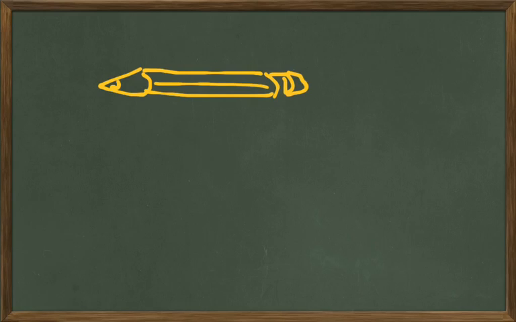We'll just do that in red. 10 cents for that pencil. How much will 4 pencils cost? So if we buy 4 of these, how much will that cost? Well, 10 times 4 is what? It's 40 cents. 40 cents for 4 pencils, because each one costs 10 cents. See there? So multiplication can be pretty handy when you're trying to buy things. You know how much money you need to spend.